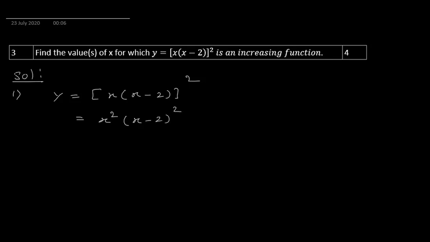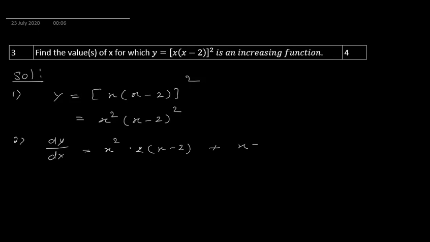Now in the second step we have to differentiate it, so we have to find dy upon dx. I can use the u into v method, or I can open this bracket and then differentiate. So let us use the u into v method. It is x square, and the derivative of (x minus 2) the whole square is 2 into (x minus 2), and then we differentiate x minus 2, we get 1, so no need to write that.